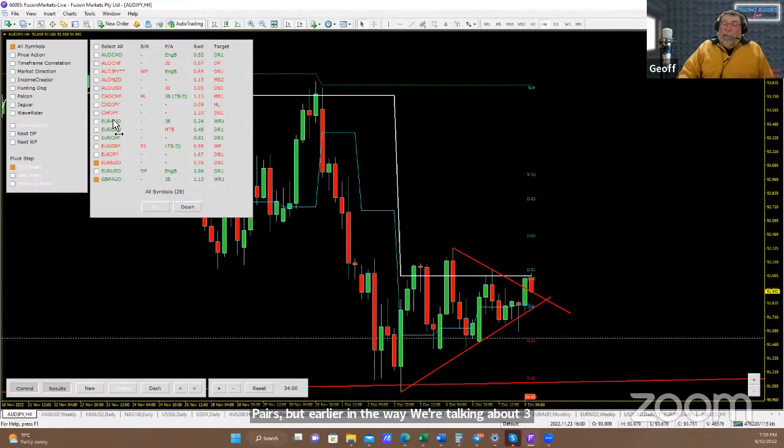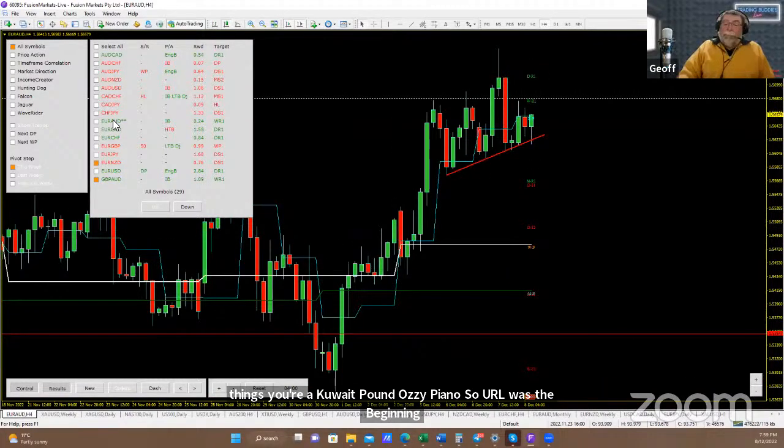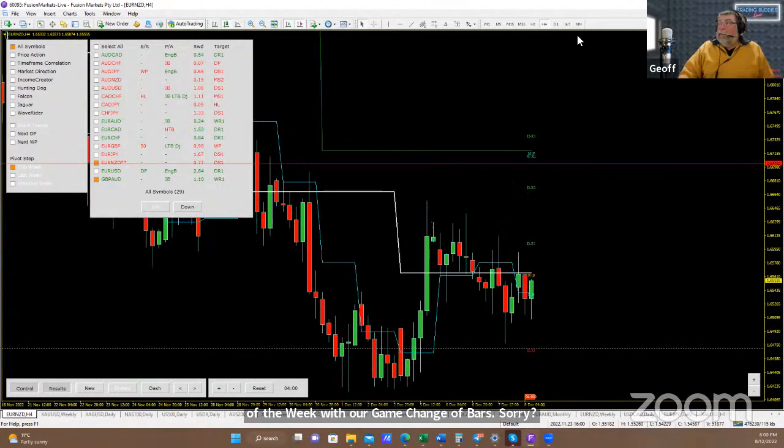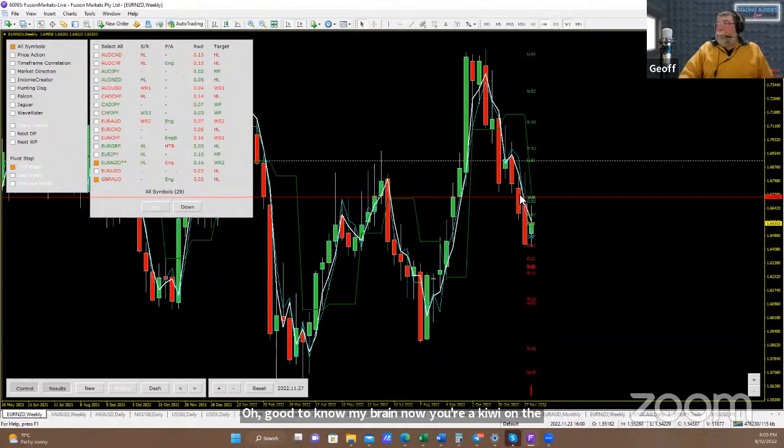So Euro Aussie at the beginning of the week with our game changer bars. Sorry, it was Euro Kiwi, not Euro Aussie. I've got it on my brain now. Euro Kiwi on the weekly was telling us to sell it. And this is even better because there's an inside bar forming.